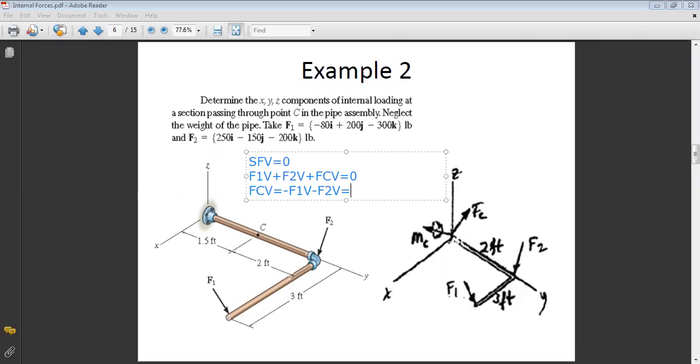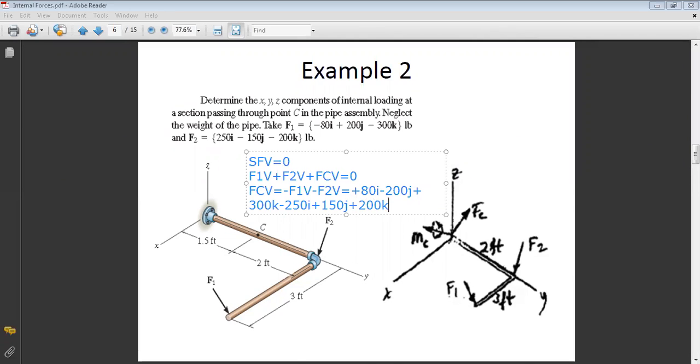For F1, I have minus F1, which is minus 80i plus 200 minus 200, because I'm doing minus F1. So minus 200j. Look, it is given here. And plus 300k. And now minus F2, so minus 250i plus 150j and plus 200k.